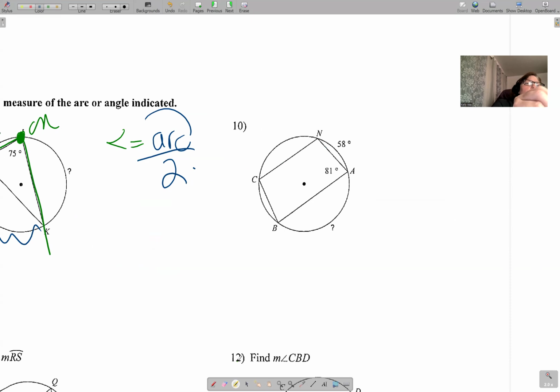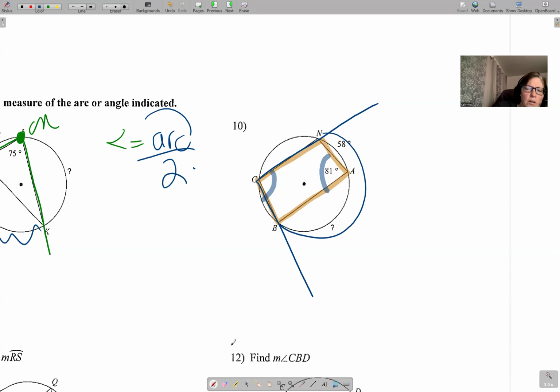Also over here, when you have an inscribed quad, keep in mind the opposite angles of an inscribed quad. Let me just give you an example here. Let me color code it. So that blue angle would grab this way. That green angle grabs this way. It's an inscribed quad.